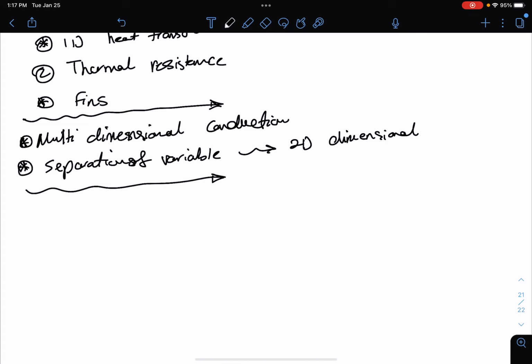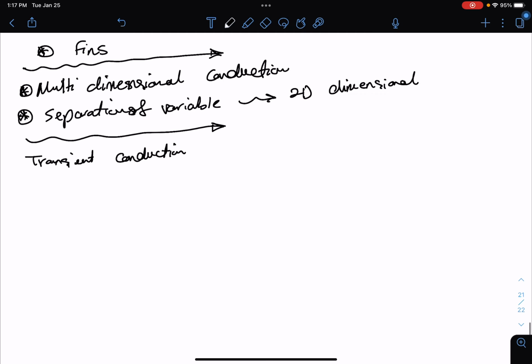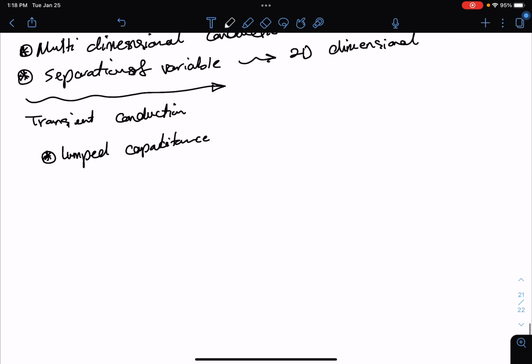We will move on to transient conduction, and we will talk about the lumped capacitance method, which is also part of the undergraduate curriculum here. And we will talk about the multi-dimensional, essentially 1D transient conduction a little bit, and try to solve the partial differential equations of transient conduction.